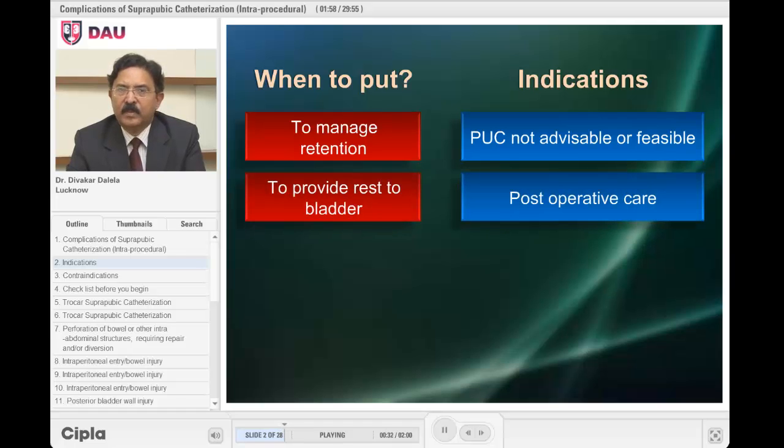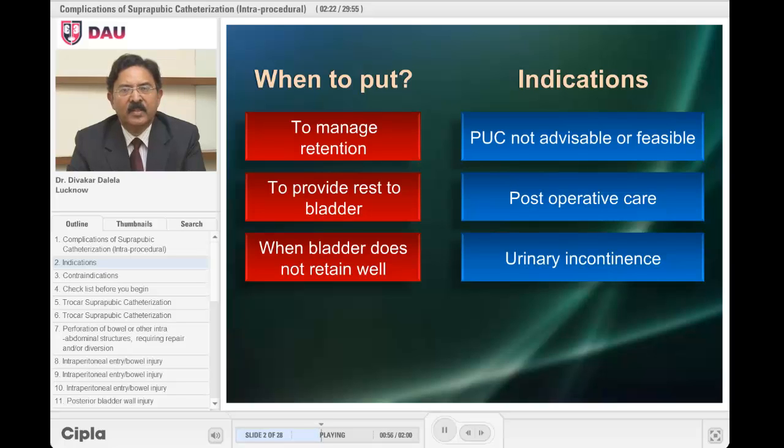You put a suprapubic catheter to provide rest to the urinary bladder in some patients who undergo operation on the bladder, urethra and prostate, as well as lower ureter, to give post-operative rest for recovery and good healing of the lower urinary tract.